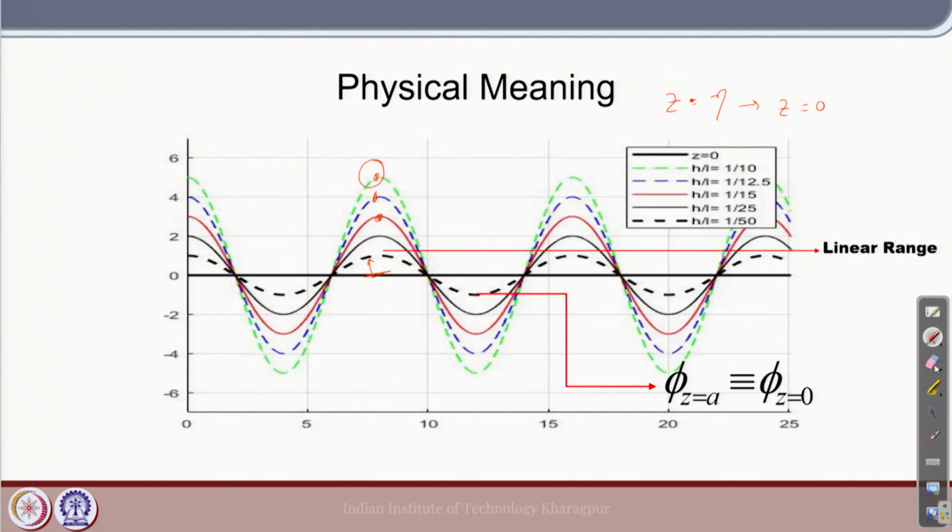One has to understand this very well, because otherwise it is very difficult to find out what the linear range is. Everything depends on whether we can assume that what happens at z equal to 0 also happens at z equal to eta; otherwise, we really can't progress.